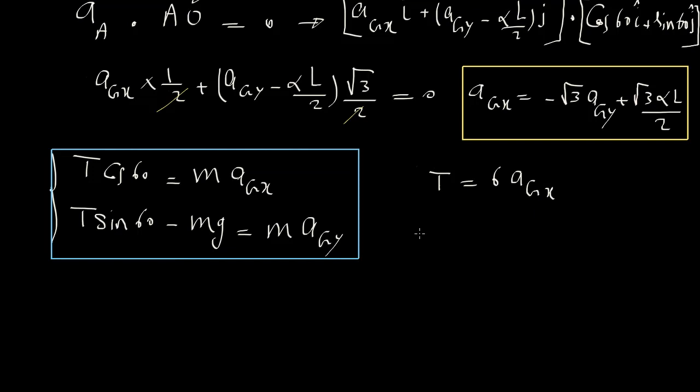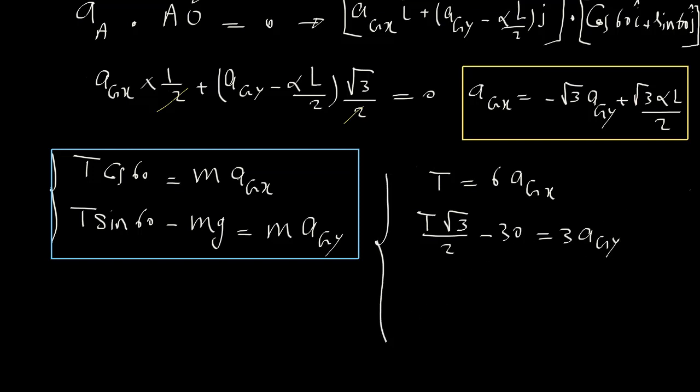This equation gives me T square root of 3 over 2 minus mg, this is 30, is equal to 3 Agy.